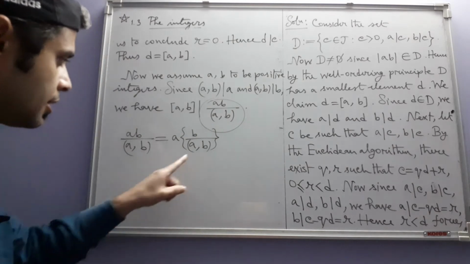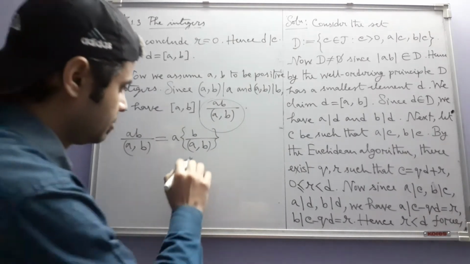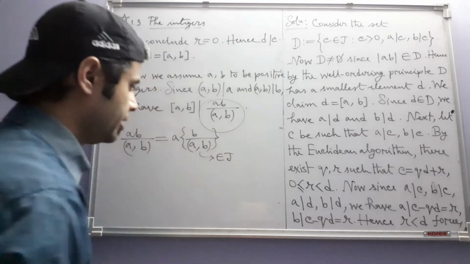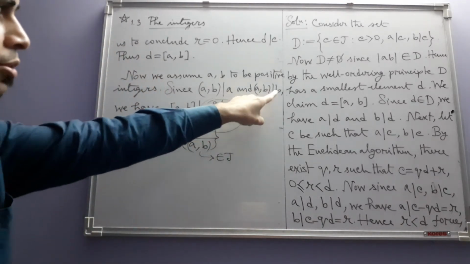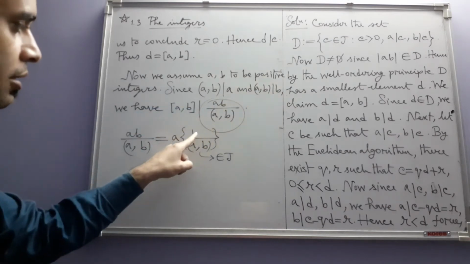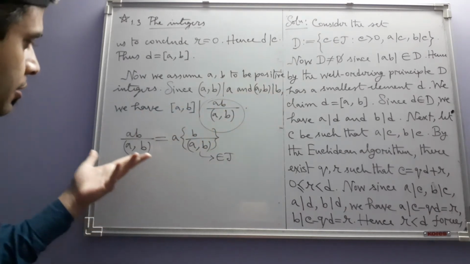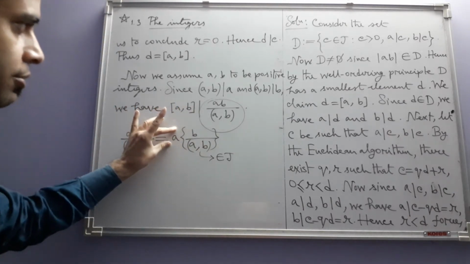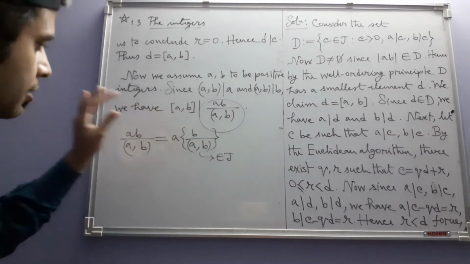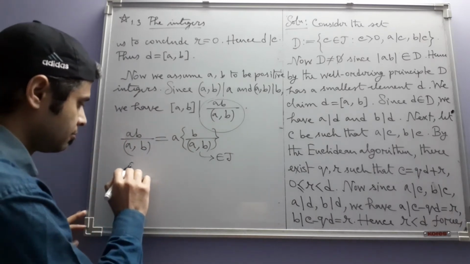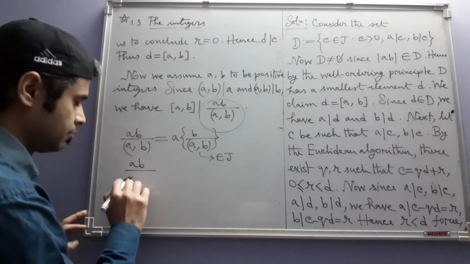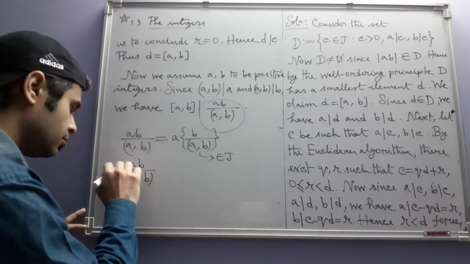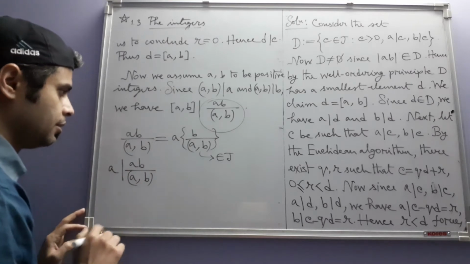Now, this is an integer. Why? Because the GCD of a comma b is dividing b. So b divided by the GCD of a comma b is an integer. So this turns out to be an integer multiple of a. Okay. In other words, this number is divisible by a.